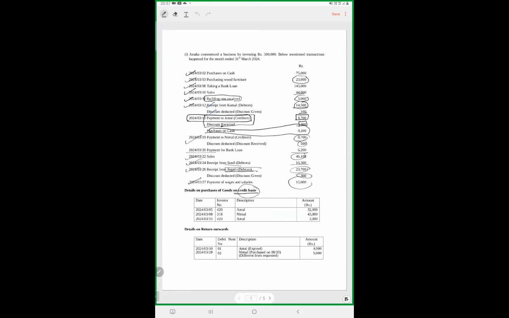And likewise, you can include all the things, right? 8 March, Nimal, invoice number is 318, Nimal, 43,000.